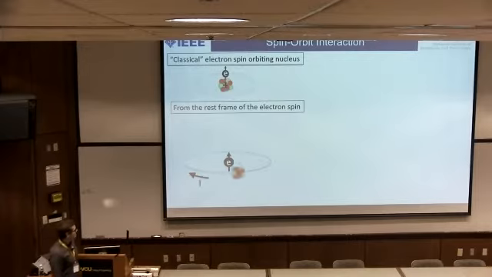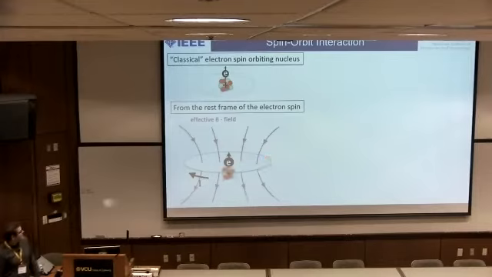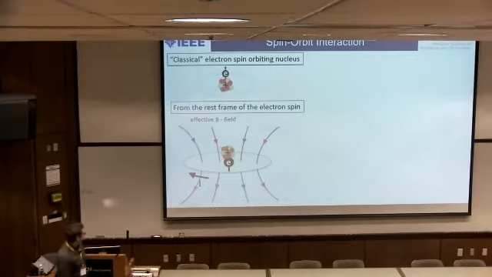And so that looks like a current loop. And when you have a current loop like that, that sets up an effective magnetic field. And it's the interaction of that spin and that magnetic field which gives rise to what we call spin orbit coupling. Now, of course, this is a very flawed example because it's not an inertial reference frame.